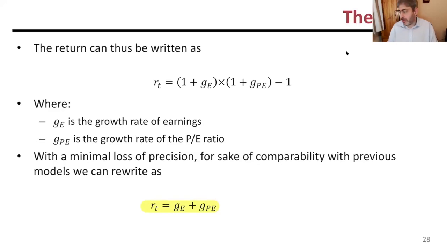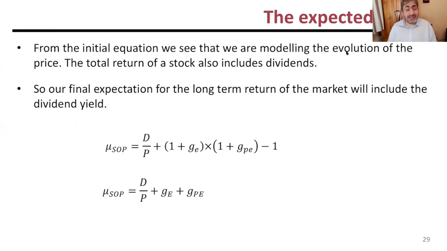Now, of course, we defined the return at the beginning just as the change in price. There are also dividends. So to get to our final prediction, we need the dividend-to-price ratio, the dividend yield, plus 1 plus the growth rate of earnings times 1 plus the growth rate of price-earnings, minus 1.